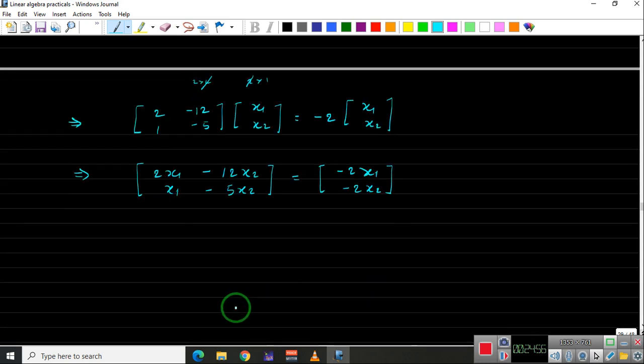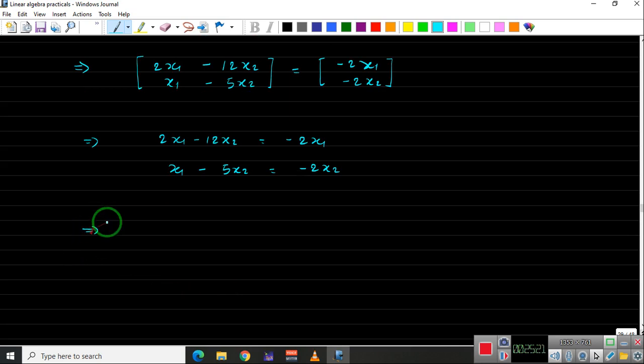Two matrices are the same provided their corresponding entries are the same. So we have 2x1 minus 12x2 equals minus 2x1, the first equation, and x1 minus 5x2 equals minus 2x2.